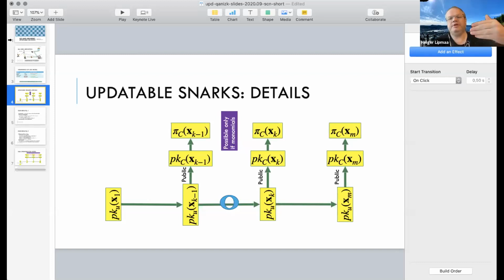You update it many times, and then at some moment you can decide to specialize the universal key to a concrete circuit. The nice thing in those constructions is that the specialization is completely public. It doesn't require the knowledge of the updating secret key or updating trapdoor. It can be done by everybody.